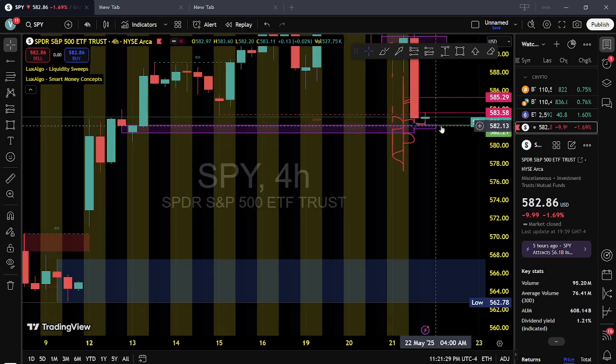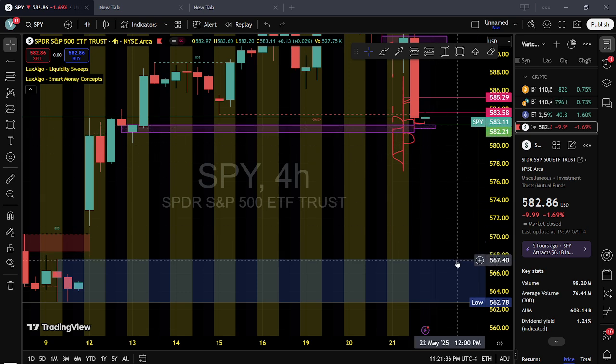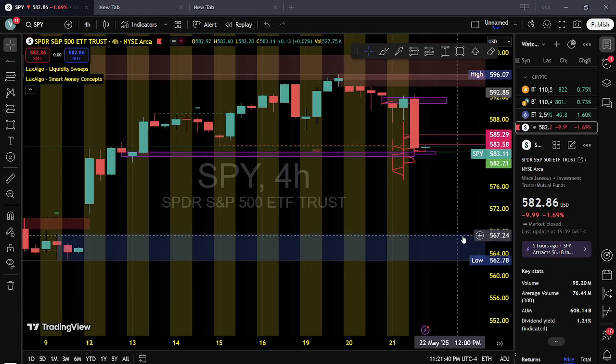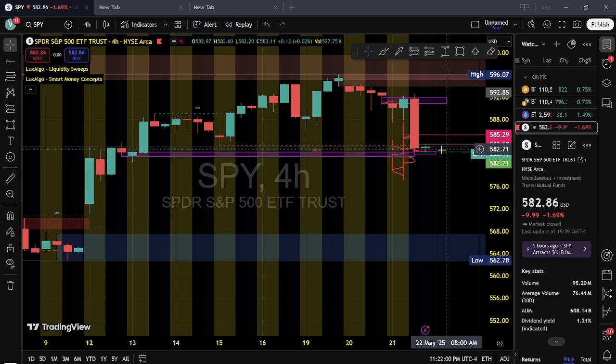I'm telling you, if this breaks this particular channel, then we have straight selling to 566 or 567. So be ready for this sell off. When this will come, maybe not tomorrow, or maybe we have two straight selling days, right? Whenever the selling starts, if it's consecutively two or three days, it goes easy, right?